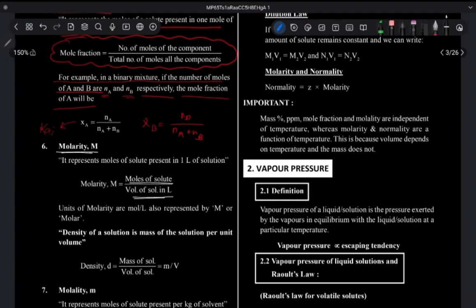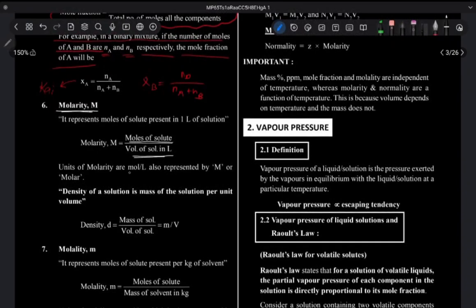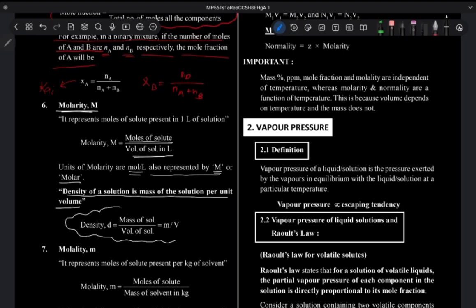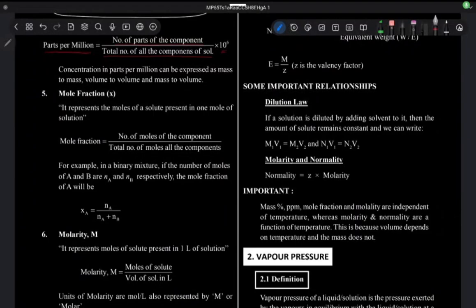So the unit of molarity is mole per liter, also represented by capital M or molar, and density of a solution is mass of the solution per unit volume. Here it is given.